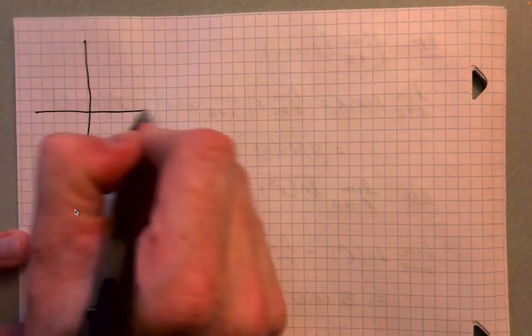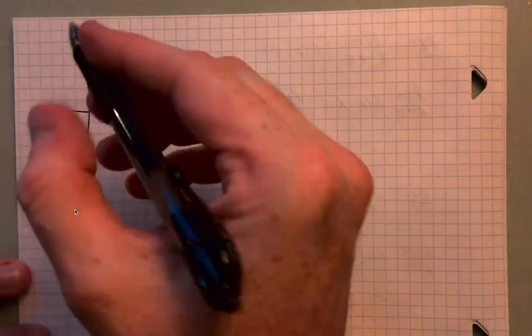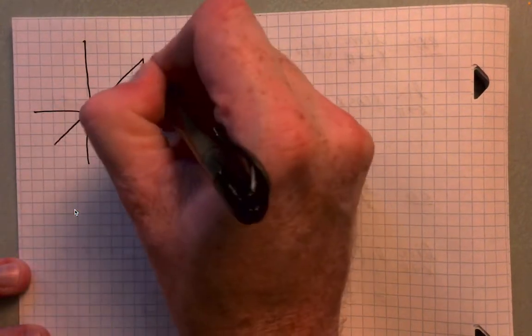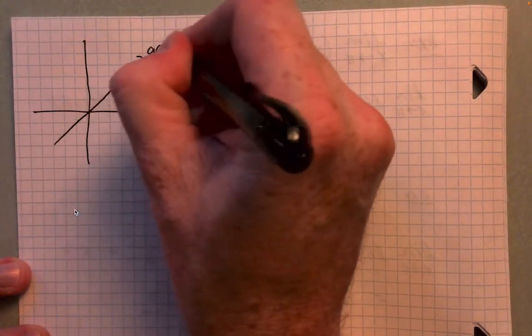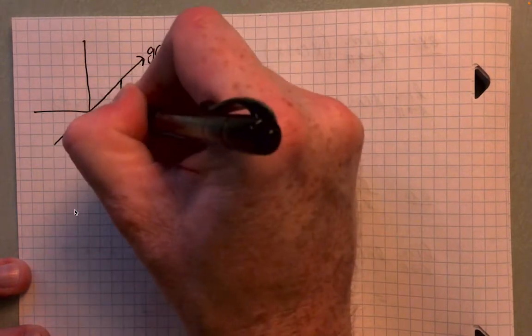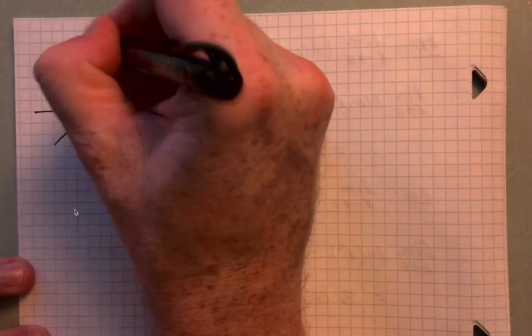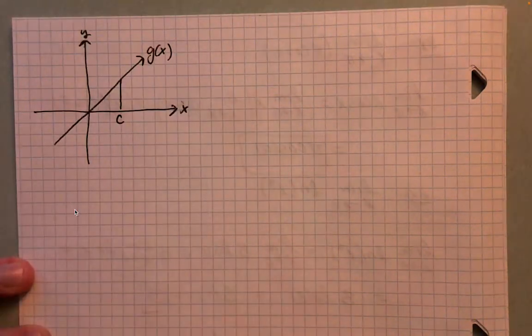So let's see a picture, a nice picture here would make this totally clear if it isn't. Right, so we've got this function g of x. Let's make it simple and say that g of x is like the identity function. Now g of x is defined at c. So your x-axis, your y-axis, and your function g.